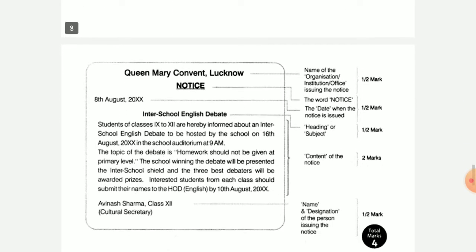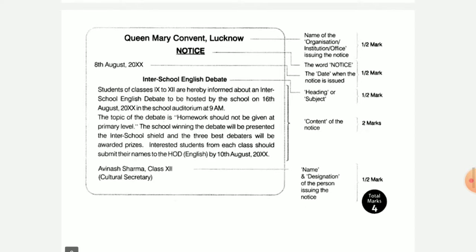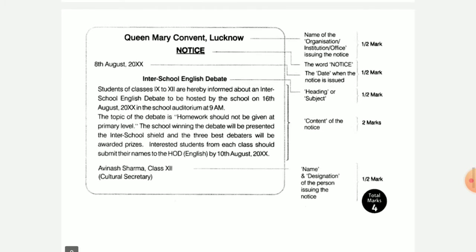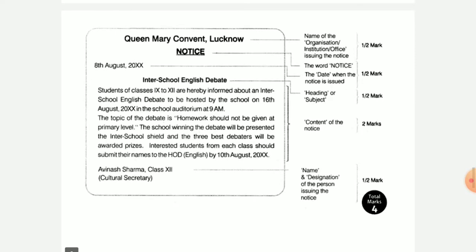I am proceeding towards another example, where the marks division, the criteria and the weightage are also highlighted. It is about an inter-school English debate, a very popular and very important notice writing topic. At the very top, the name of the school is given along with the location, Queen Mary Convent, Lucknow.